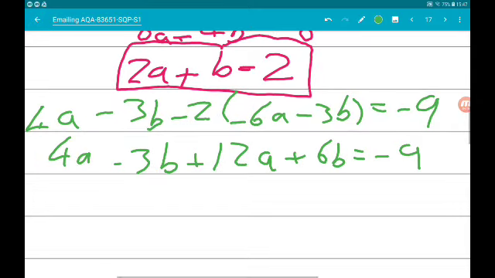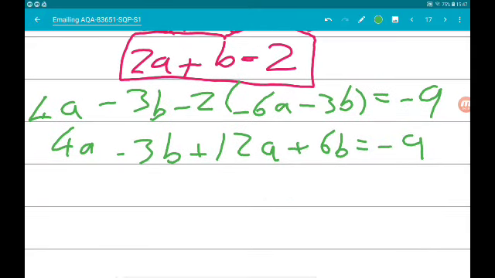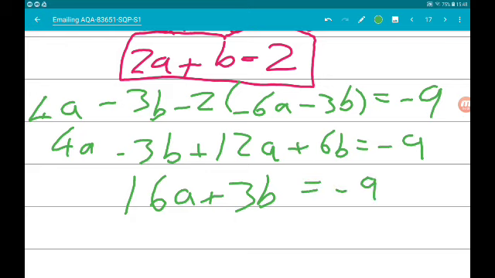So we have got 16a, we got minus 3b and 6b, so that's going to give us add 3b is equal to minus 9. Cool.